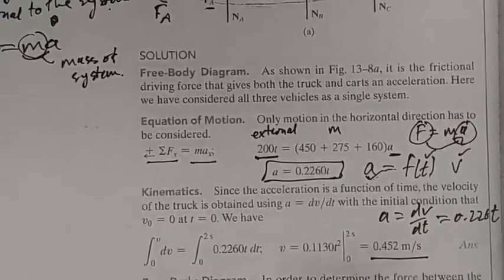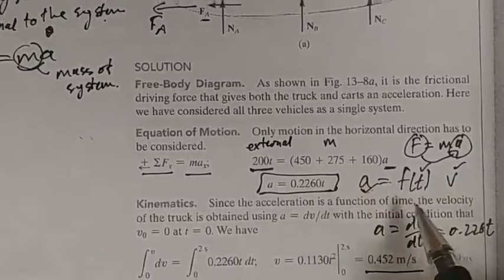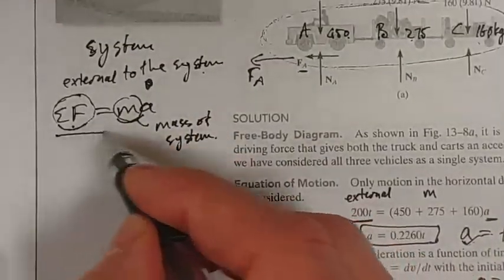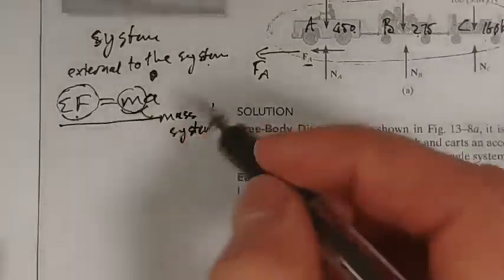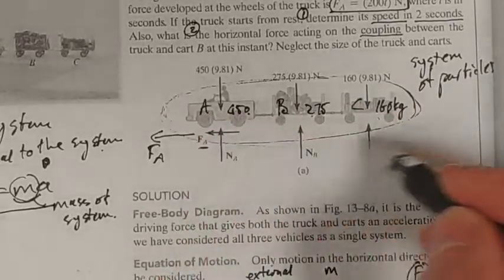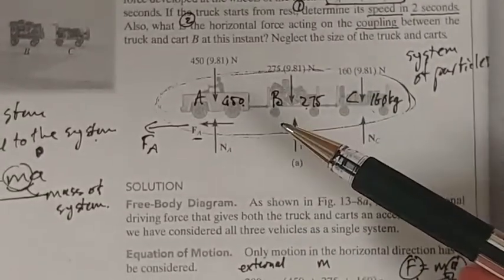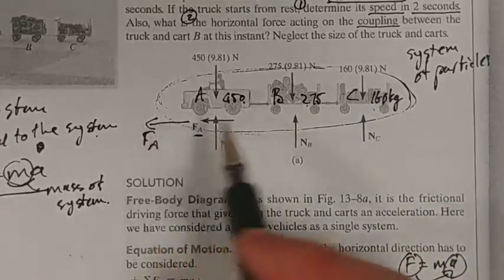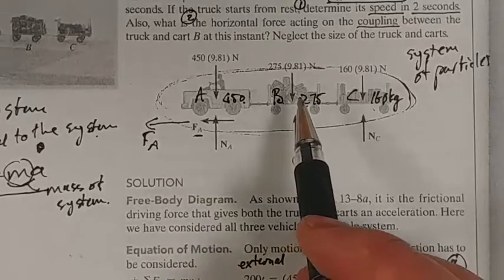Okay? But the important thing that I want you to pick up here is, when we have a system and our equation of motion, we first need to define our system. We defined that as our system, which included all the particles. And then we need to determine what are the forces external to the system.